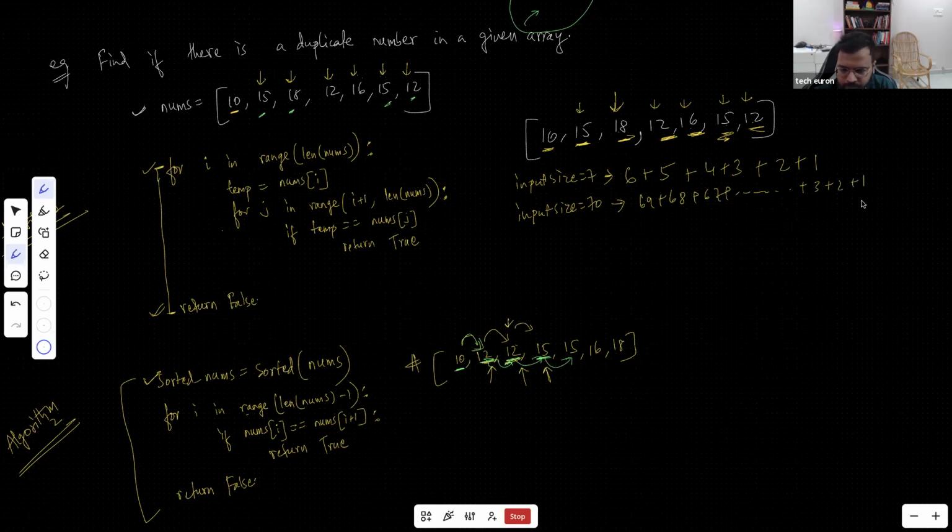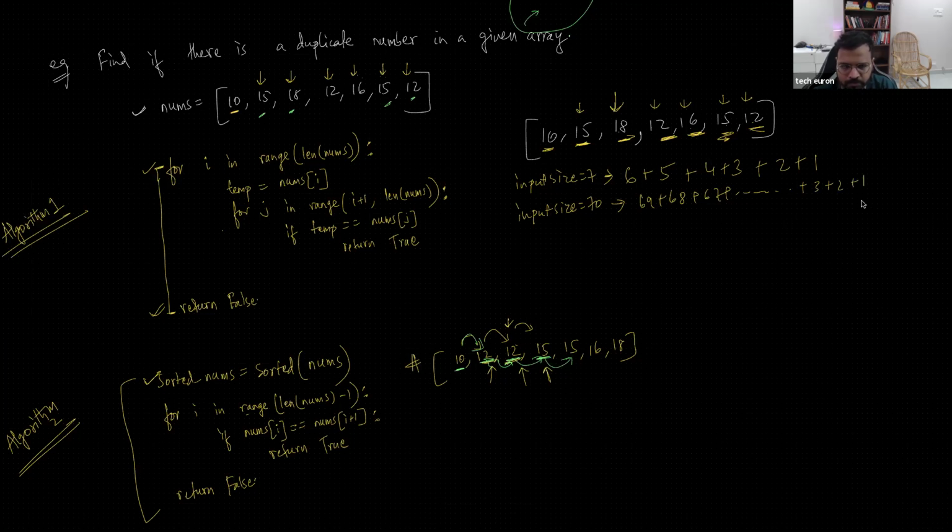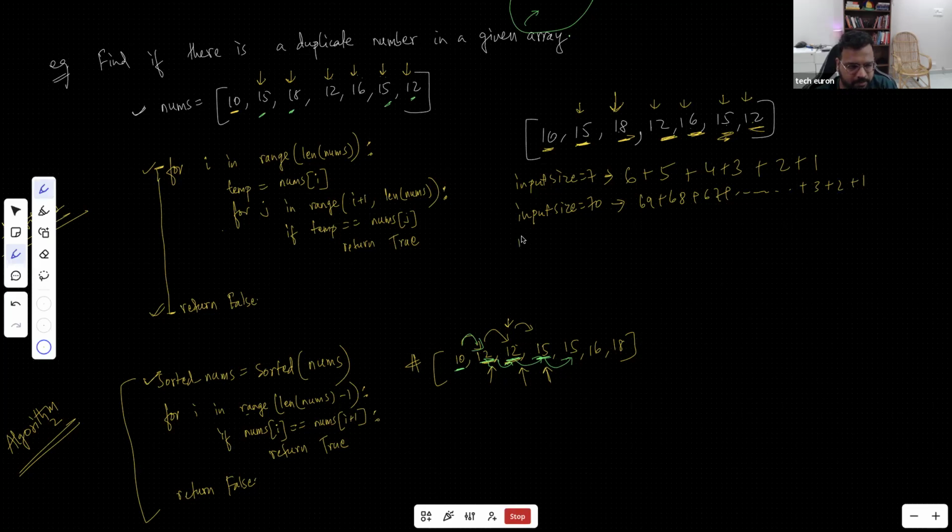Are you guys following? Okay, if the input size becomes n, then what will this be? n minus 1 plus n minus 2 plus dot dot dot plus 3 plus 2 plus 1.